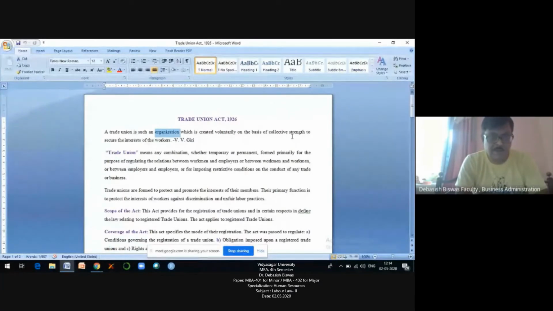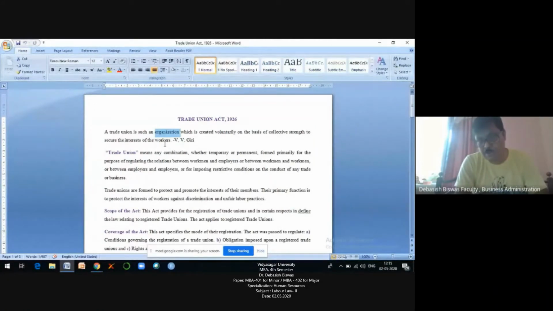When an organization is formed, obviously it must have some specific purpose. Otherwise, the organization has no existence. And what is the specific purpose? The specific purpose is to secure and ensure the interest of the workers.